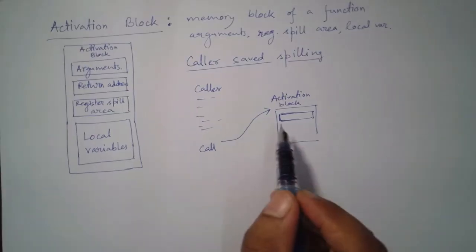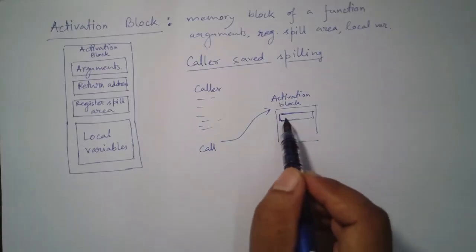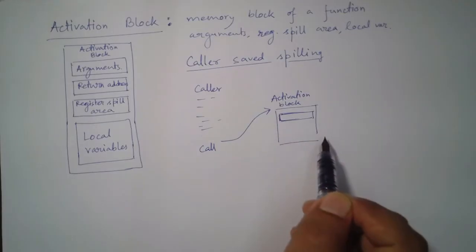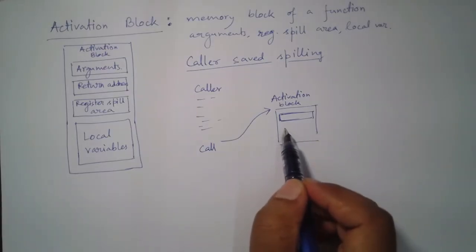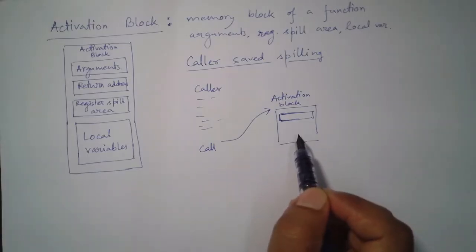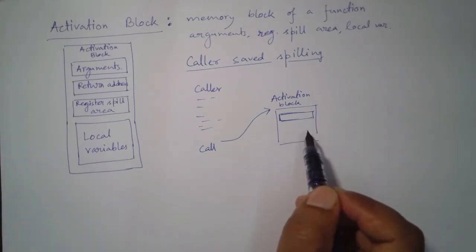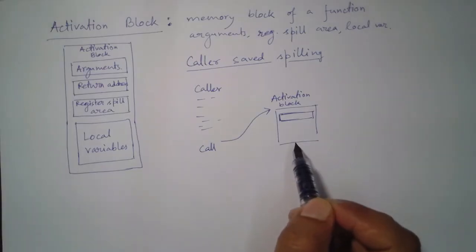It will read the arguments, and if it needs to do some arithmetic operation, etc., those arguments can be transferred to some registers. Then it will also save the return address, because if there is recursion, etc. And it will use the local space for executing the function.